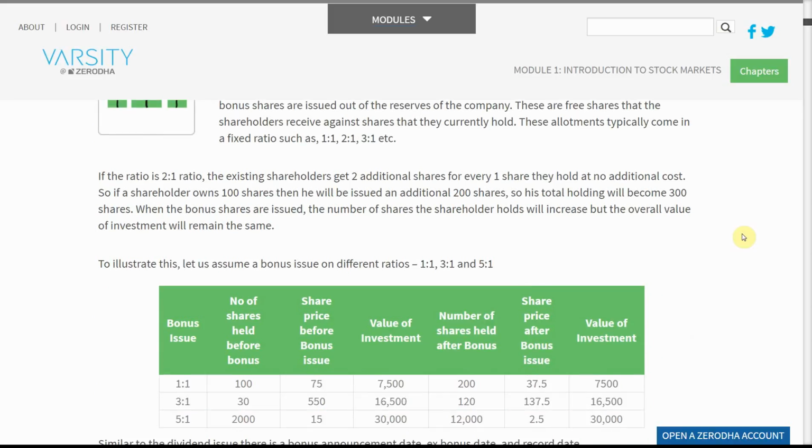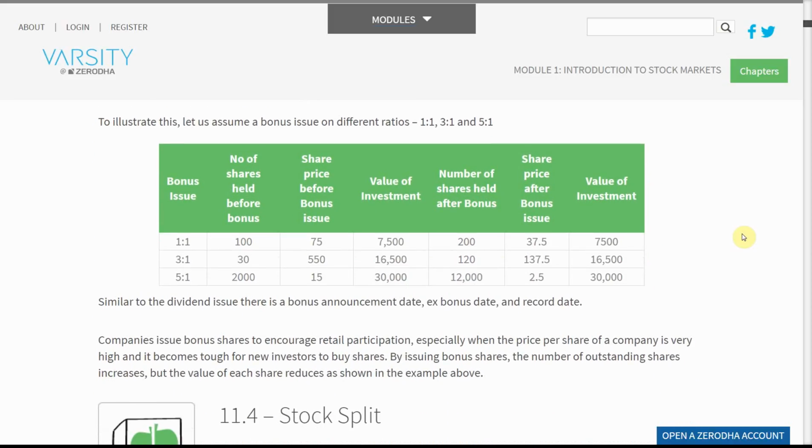To illustrate this, let us assume a bonus issue on different ratios 1:1, 3:1 and 5:1.